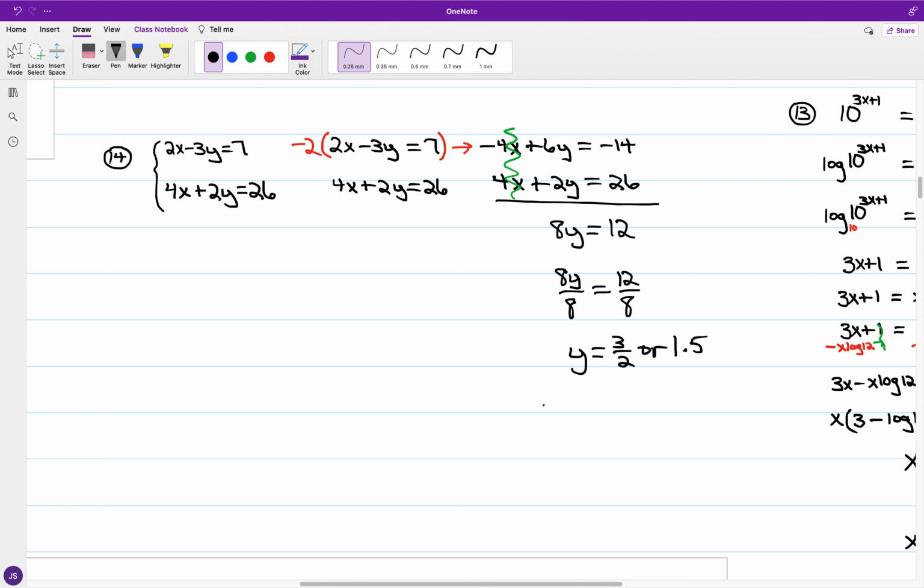Now for solving for x, I can plug in 1.5 for y in either equation. I'll just choose the first one, but it works for the second equation as well. So plug in 1.5 for y.